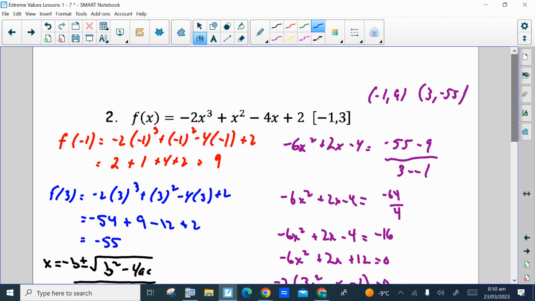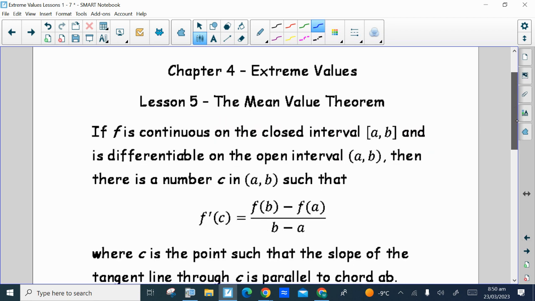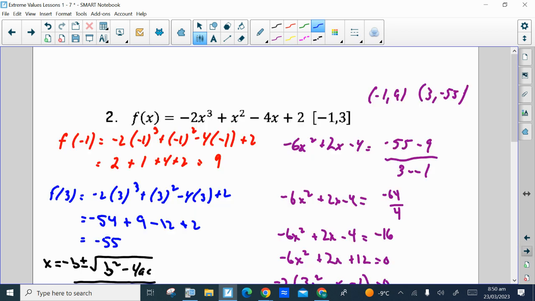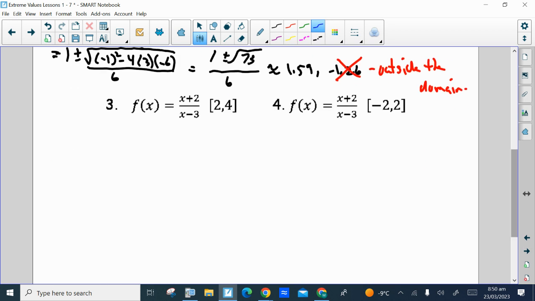Remember at the top we said that f must be continuous on the closed interval from a to b. And in this case, it's not continuous at positive 3, which is in this interval.